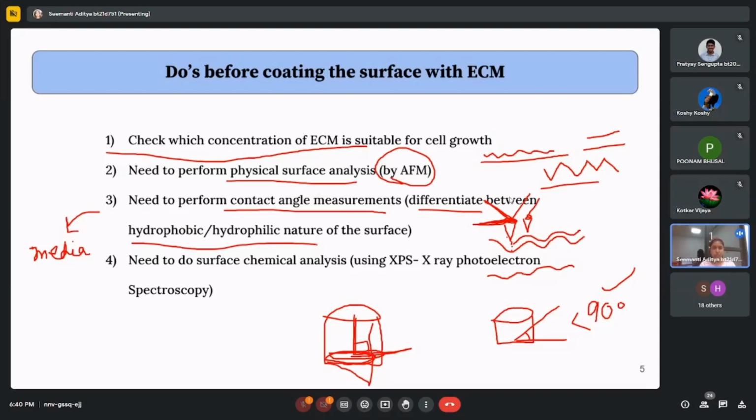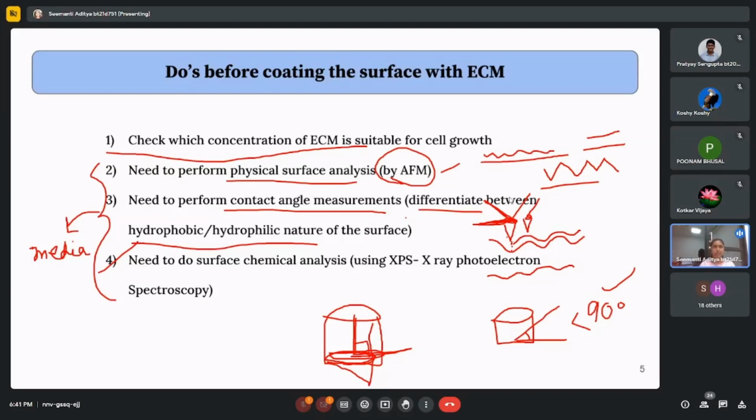Also, we need to do surface chemical analysis. So these are the three different things that we need to perform before doing cell culture. But this is not very practical, in the sense that not every institute will have such sophisticated techniques like AFM, measuring contact angle, or doing surface chemical analysis.